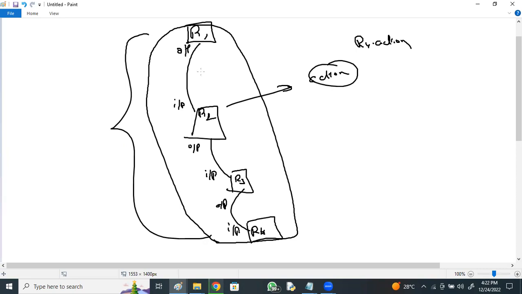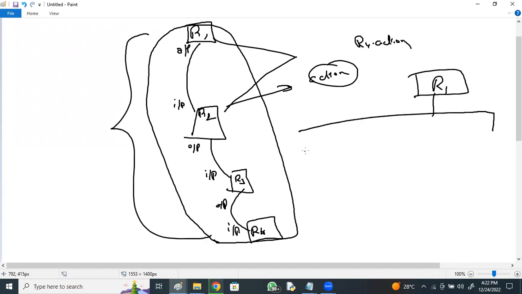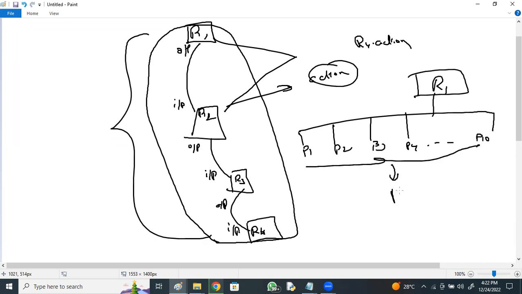Here two RDDs can't execute parallelly, but if RDD1 has multiple partitions, P1 partition, P2 partition, P3 partition, P4 partition, up to P10, these partitions can execute parallelly. Partitions can execute parallelly, but RDDs cannot.